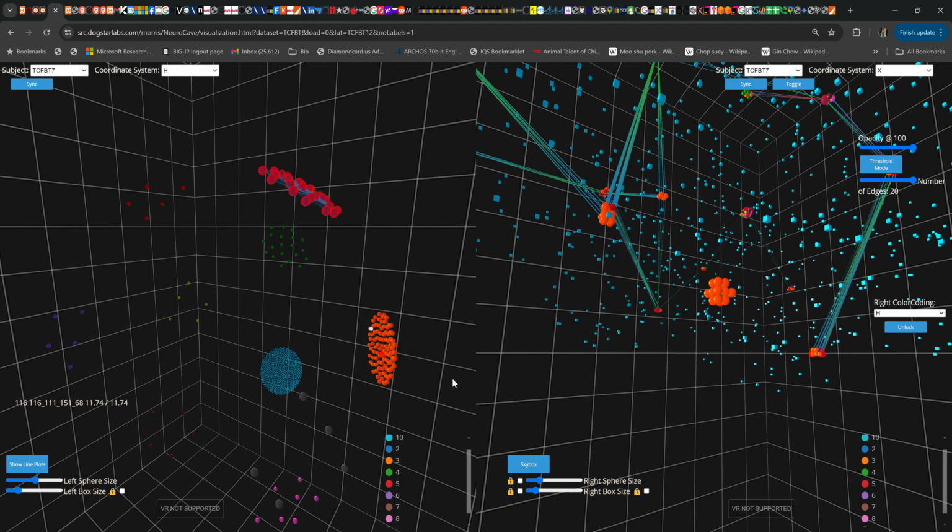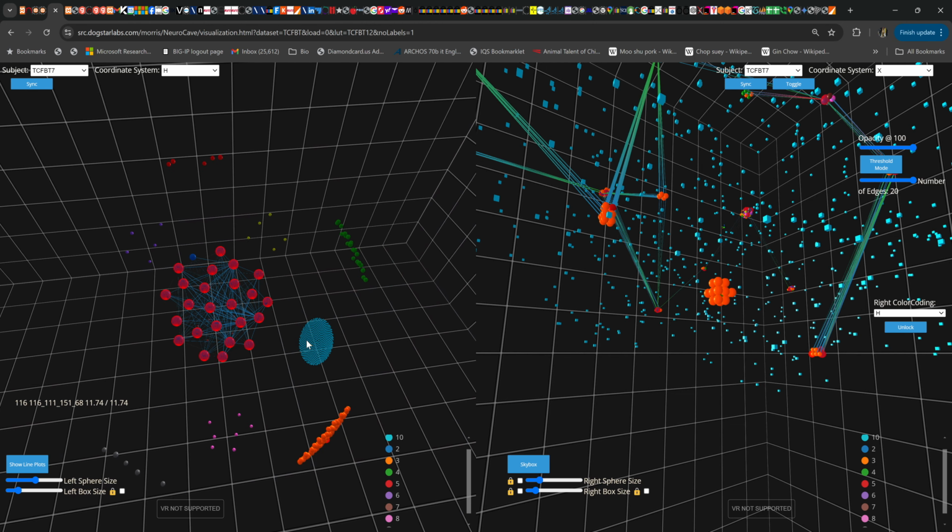Or at least none of the mutations in this cluster got back to that cluster.